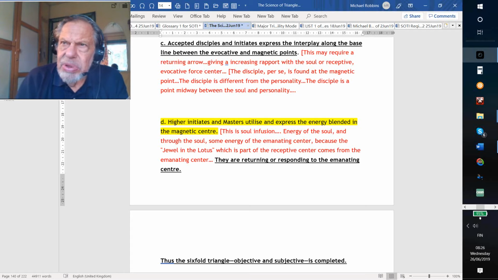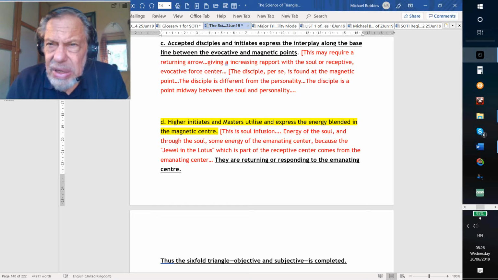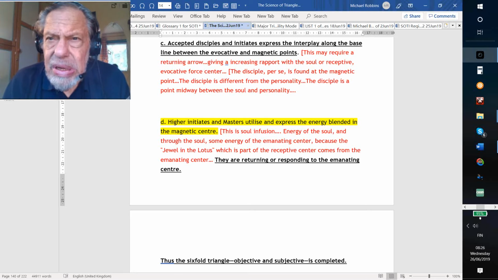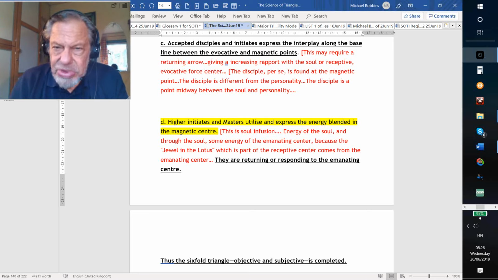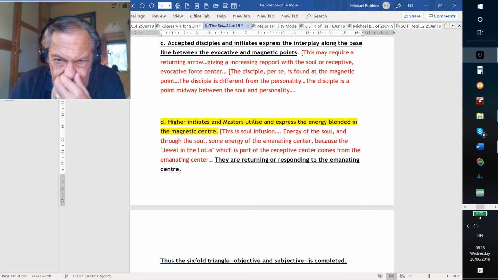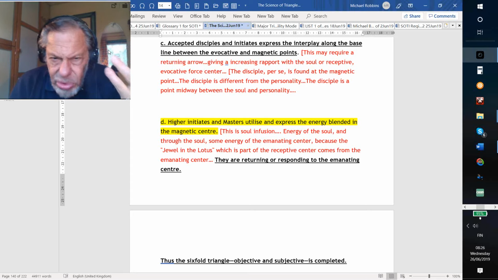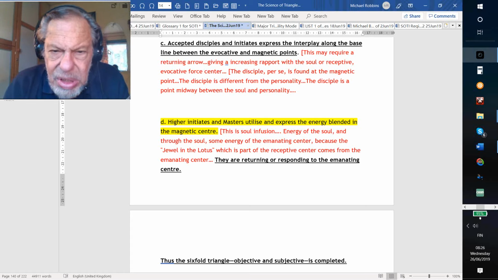DK tells us that the more advanced spiritual type is not so much interested in experience in the three worlds as it is interested in using the three worlds for service purposes. So soul infusion is going, and through the soul is coming some energy of the spirit.